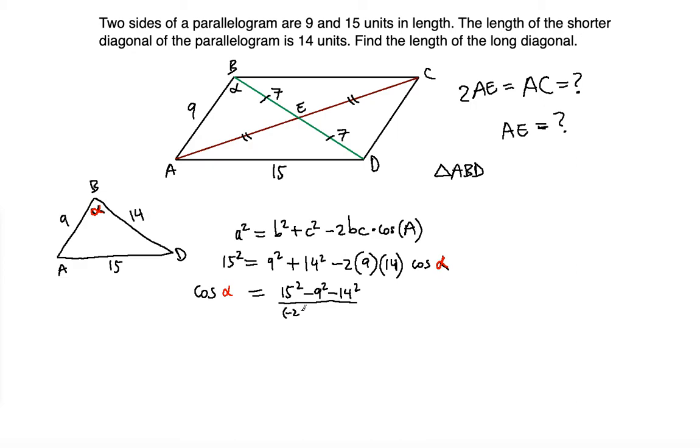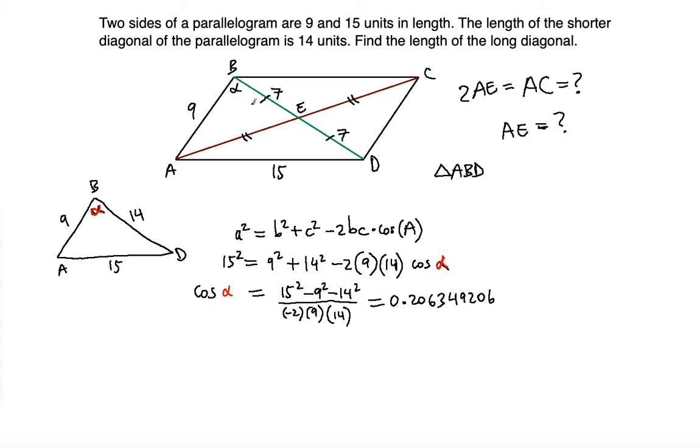Your calculator should give you 0.26349206. Notice I'm not finding the alpha angle because I don't need to.